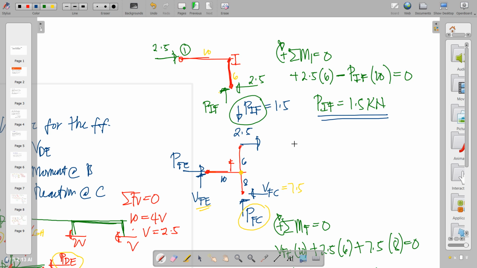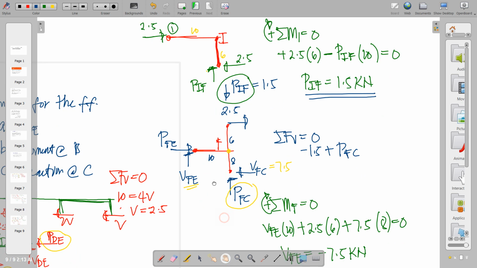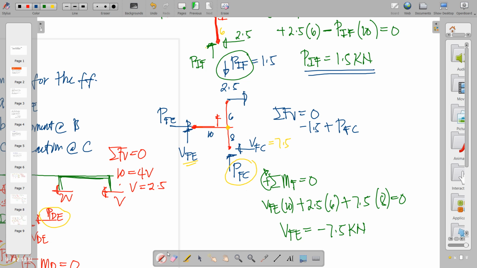Okay, so going back to this portal, we take summation of vertical forces equal to 0. So we have downwards negative 1.5 plus upwards this one, and then plus this one, VFE, which is negative 7.5, so that is equal to 0.